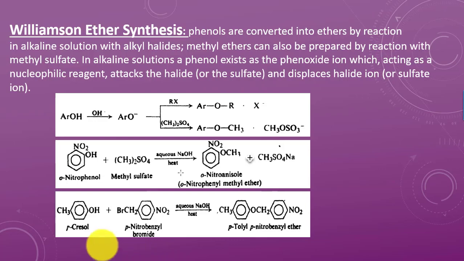Different examples are shown, in which nitrophenol is made to react with methyl sulfate in the presence of aqueous NaOH and heat, and results in the formation of ortho-nitroanisole. Para-cresol is made to react with para-nitrobenzyl bromide, and results in the formation of para-tolyl para-nitrobenzyl ether.